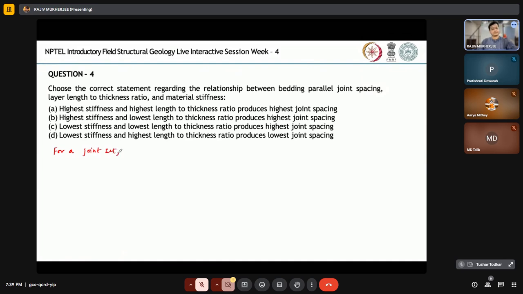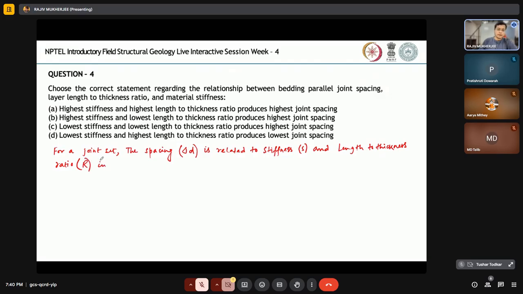For a joint set, the spacing, let us consider del D, is related to stiffness and length to thickness ratio. Let us consider this ratio R in the following manner.